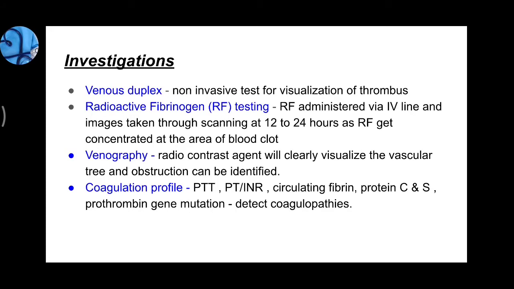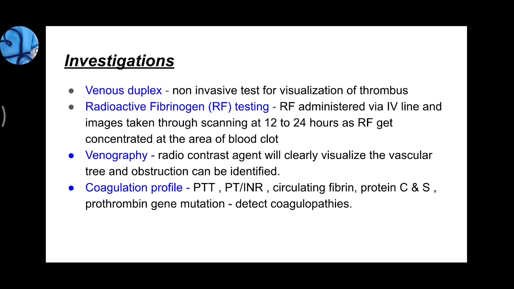Now let's move to the investigations. Venous duplex is a non-invasive test for visualization of the thrombus. Radioactive fibrinogen testing: this is administered via an IV line and images are taken through scanning at 12 to 24 hours, as radioactive fibrinogen gets concentrated at the area of the blood clot.